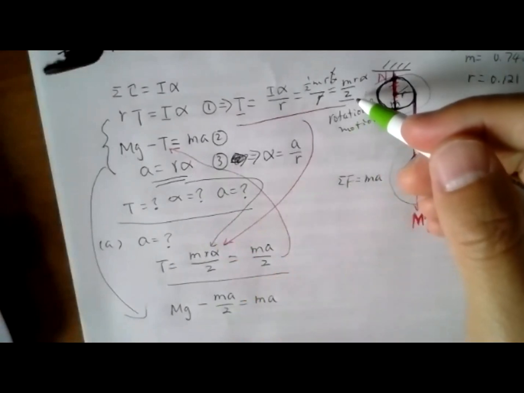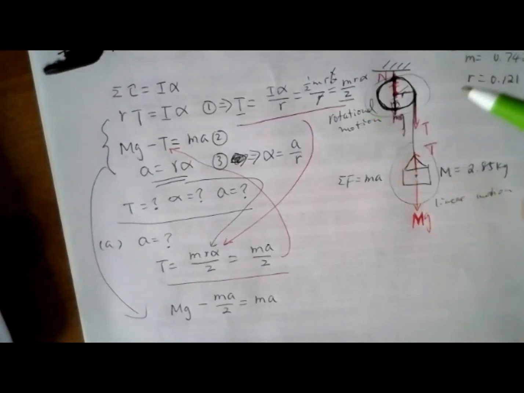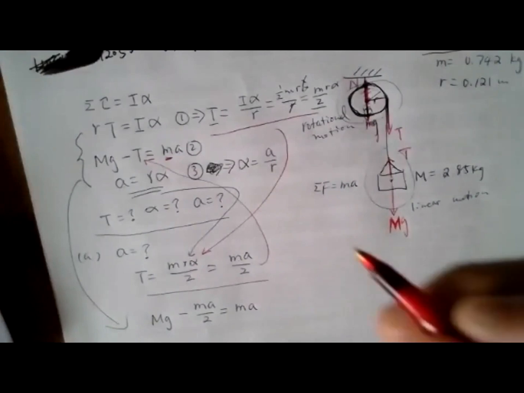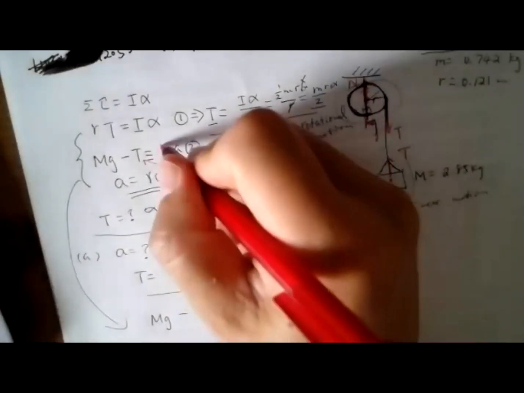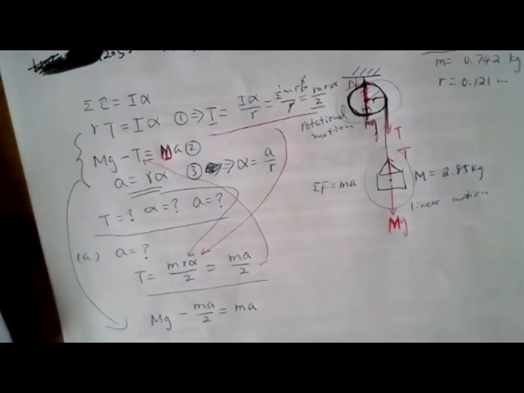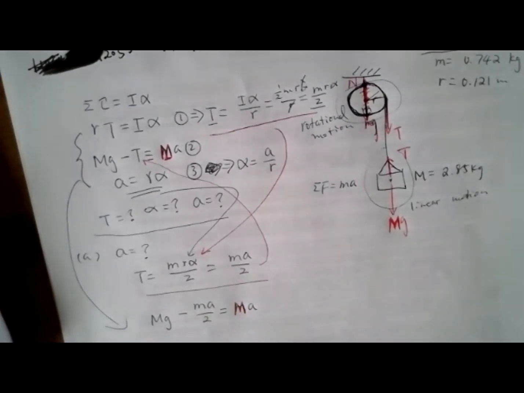Mg minus tension is 1/2 a. Okay, I see the problem. Sorry about that. In the original, this one should be the capital M, okay, because that's for this guy. So that's capital M. Looking where it went wrong from my solution to here. So this is capital M then, okay. All right. So now we have this guy.